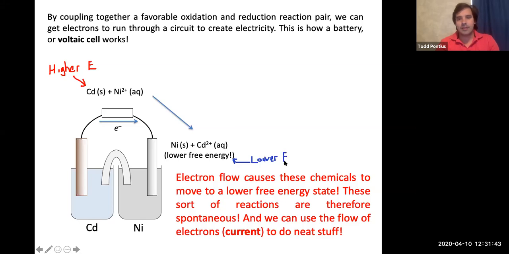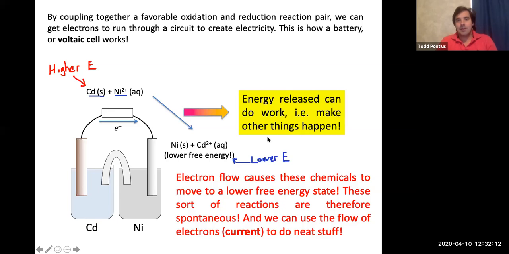And so naturally, if you pair together solid cadmium with nickel 2+, the cadmium will spontaneously get rid of its electrons and give it to the nickel. And if you pair them through a wire, then you end up getting current. So the energy difference between these two, again, can be used to do work, make things happen.